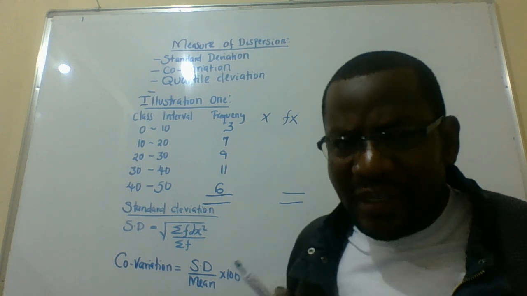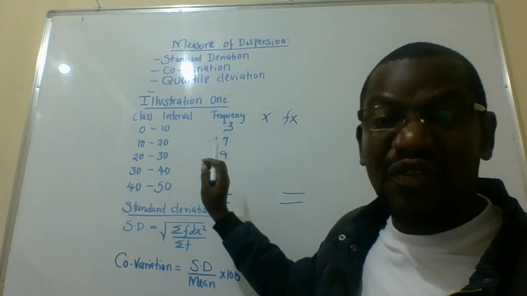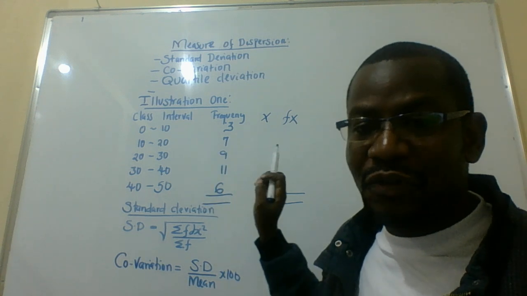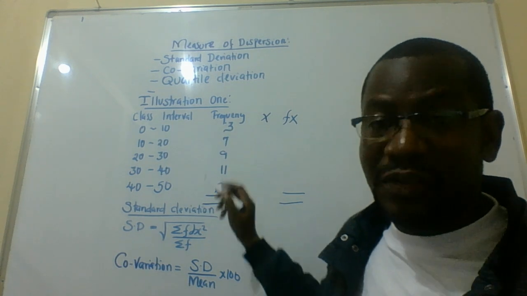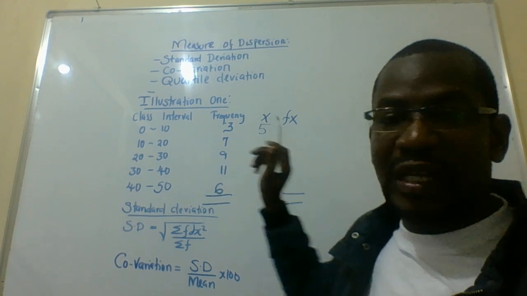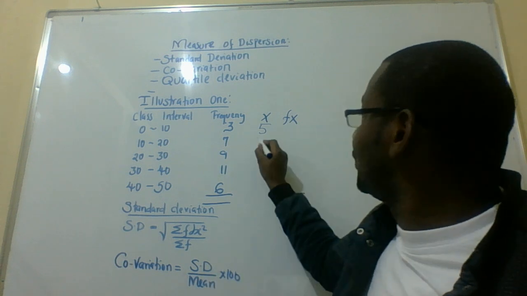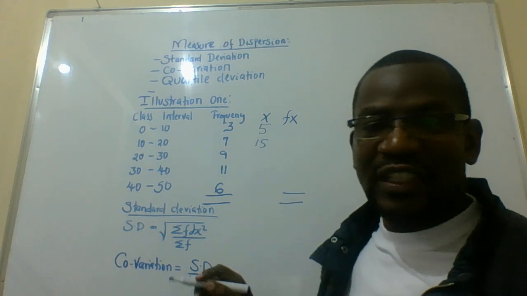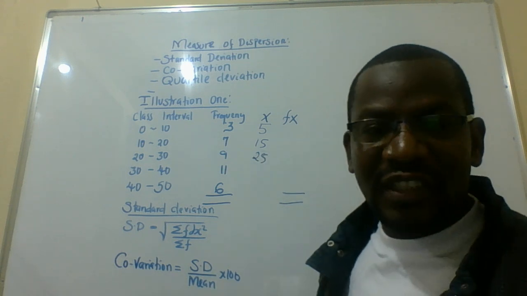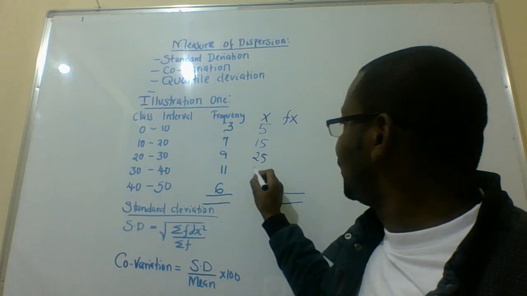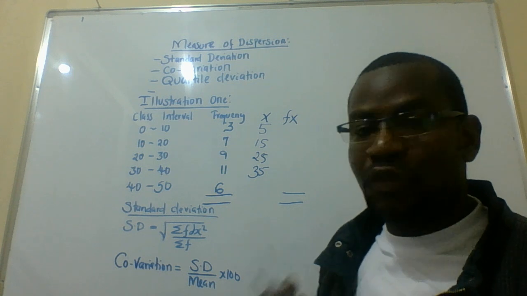If you can remember, I said midpoint, we add the class interval divided by 2. 0 plus 10 divided by 2, which is 5. 10 plus 20 divided by 2, 15. 50 divided by 2, 25. 70 divided by 2, 35. Lastly, 90 divided by 2, 45.